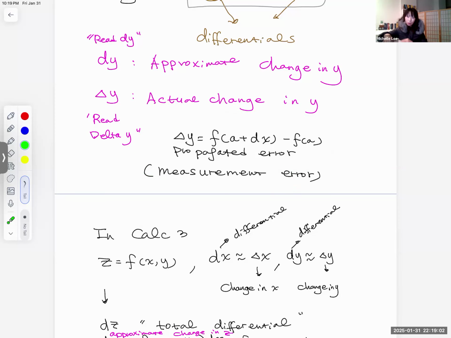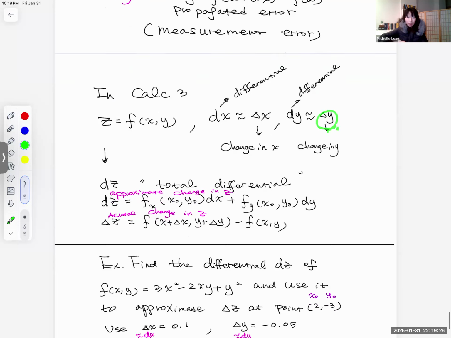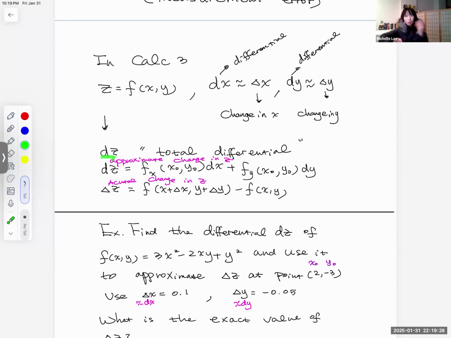So in calculus 3, we have the equation z equals a function notation, right? So we are using dx, which is the differential, and delta x, which is the actual change. We know that, right? And dz is approximately the same as delta z. So what is dz in calculus 3? We call it the total differential.